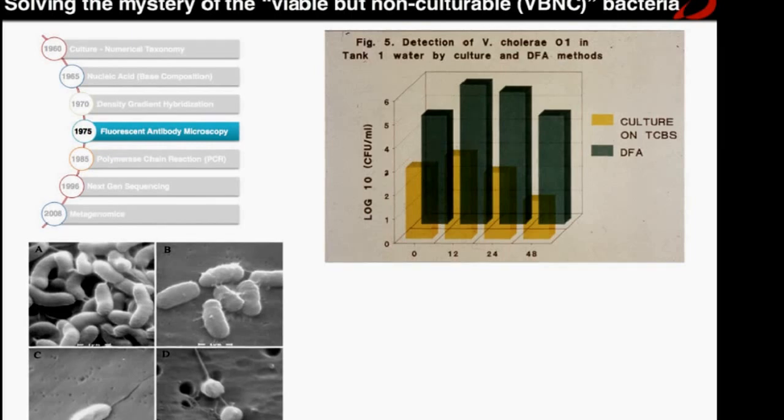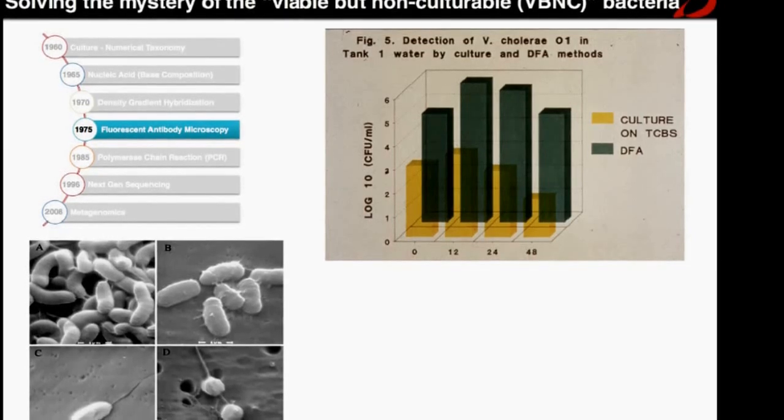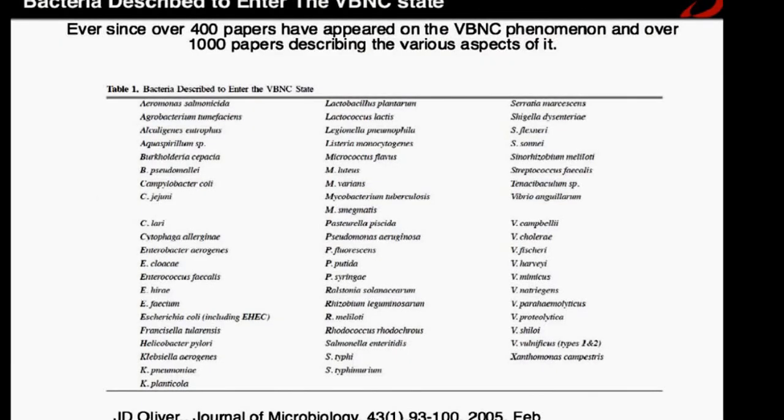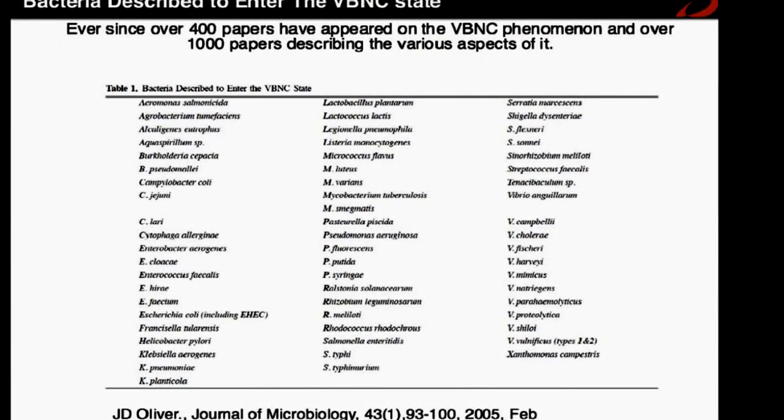We discovered it because when we cultured and enumerated and then did fluorescent antibody, we were missing a lot of bacteria. We did microscopy to show that yes, this is a dormant stage. Since then, around 400 papers have been published, and about 1,000 papers describing dormancy in gram-negative bacteria and related microorganisms.